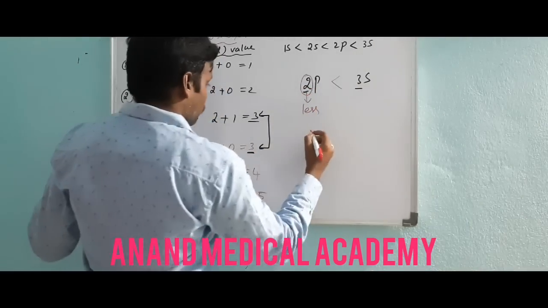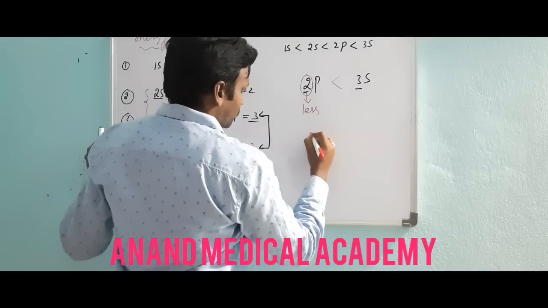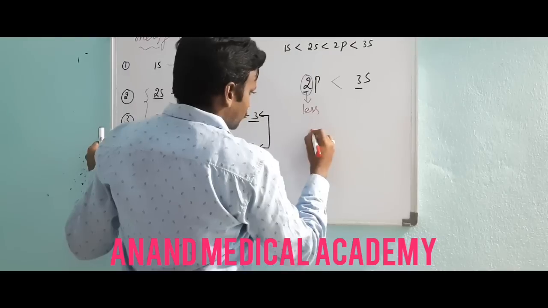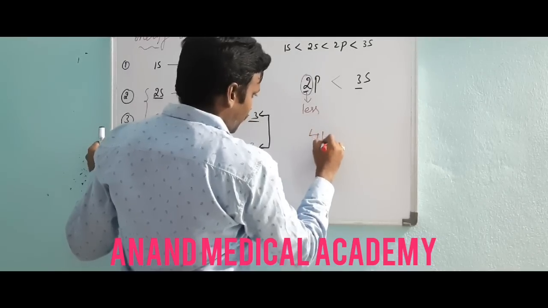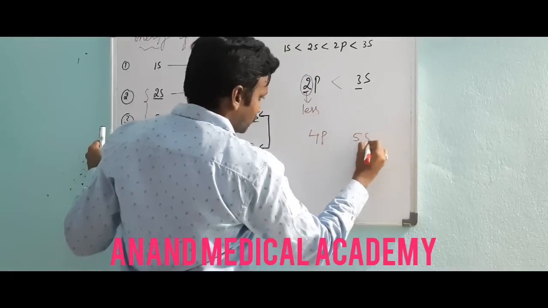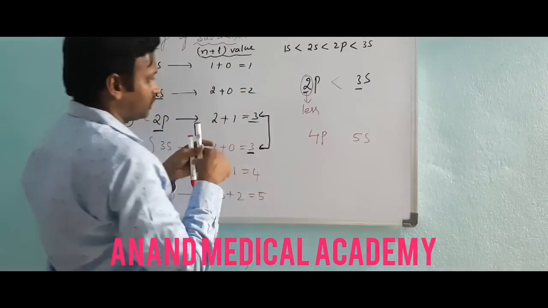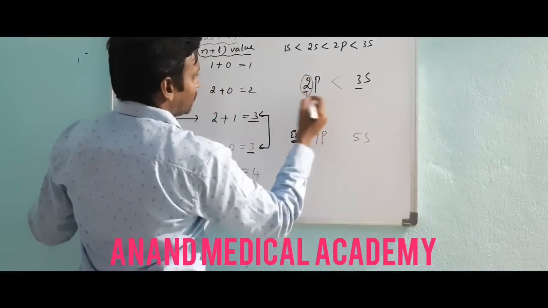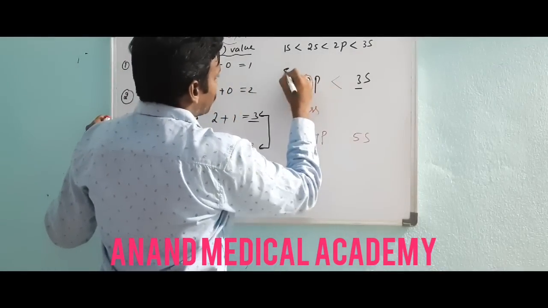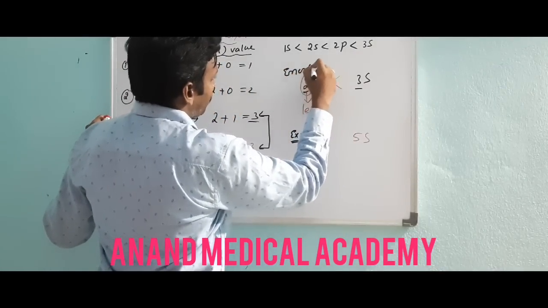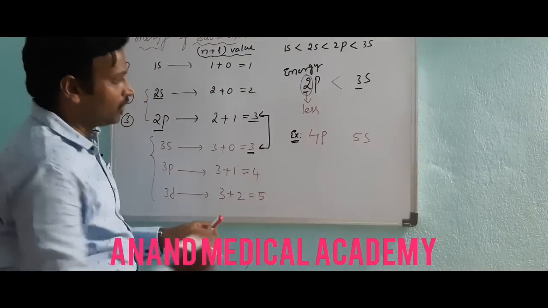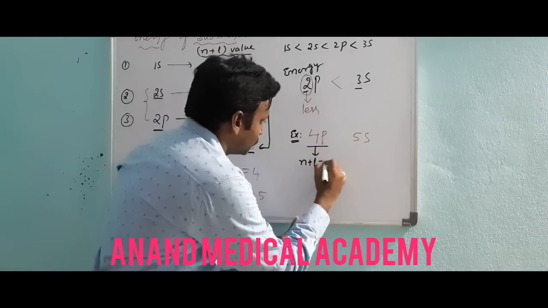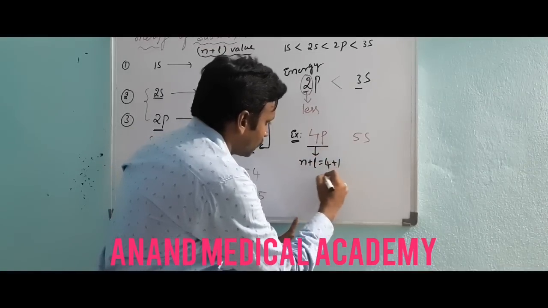I will give you one more example: 4p and 5s. This is about energy. Now for 4p, the n plus l value is how much? 4 plus 1, 5.